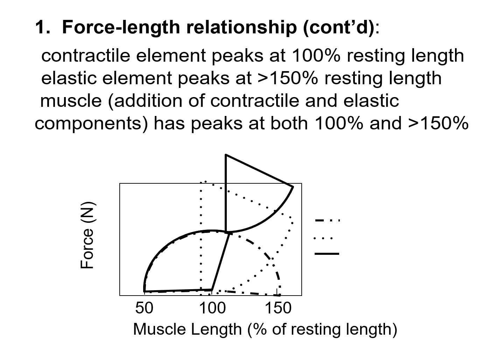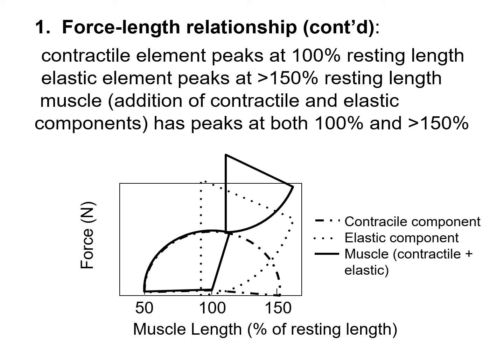We are adding the contractile and elastic components, and the muscle has peaks at both 100% and greater than 150%. So we see that if we either contract the muscle or lengthen the muscle, we're adding force into the muscle.